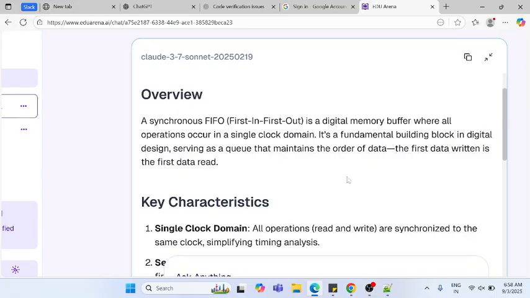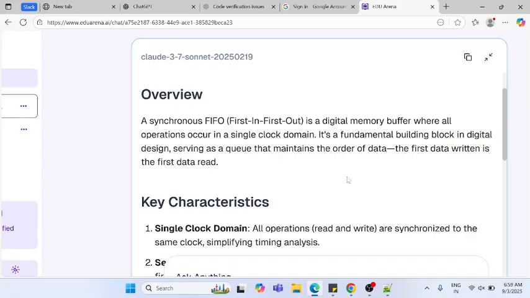So, today's session will focus on how to generate the synchronous FIFO design. We are going to write the synchronous FIFO design through our understanding of the concept.